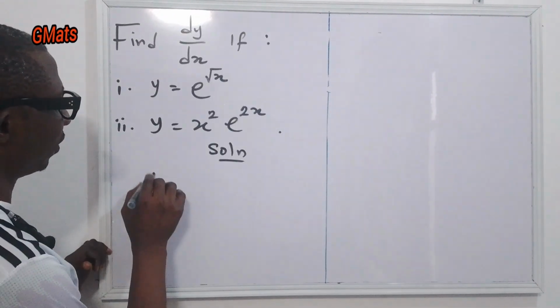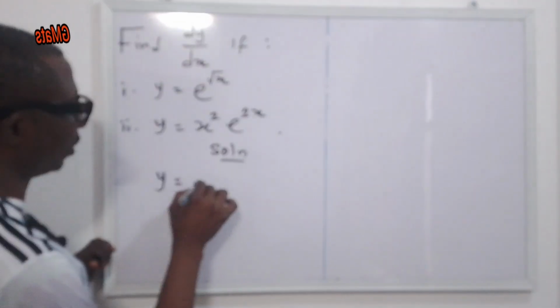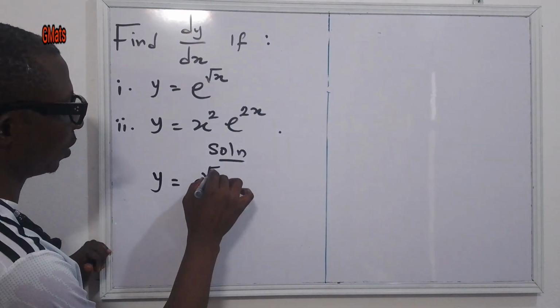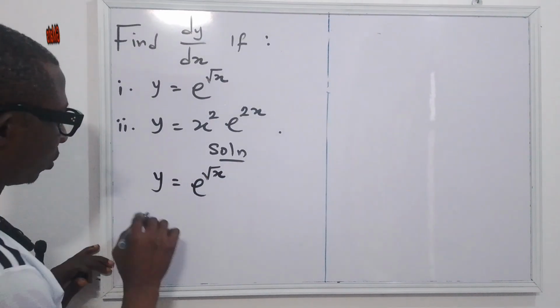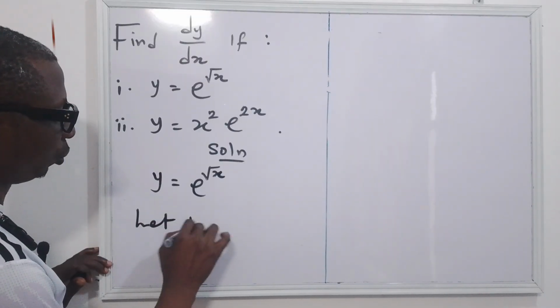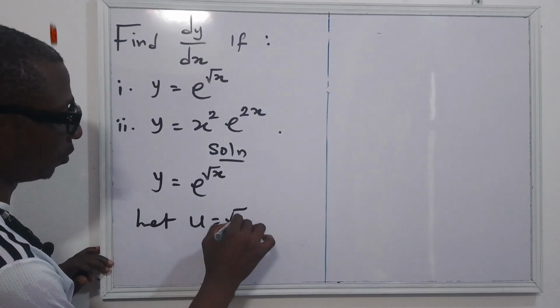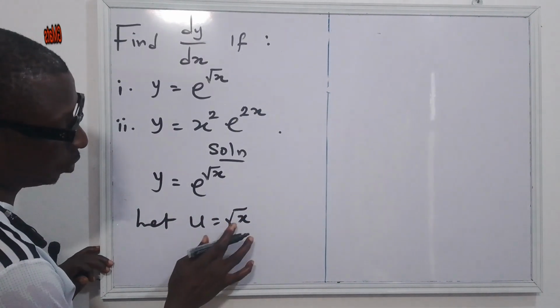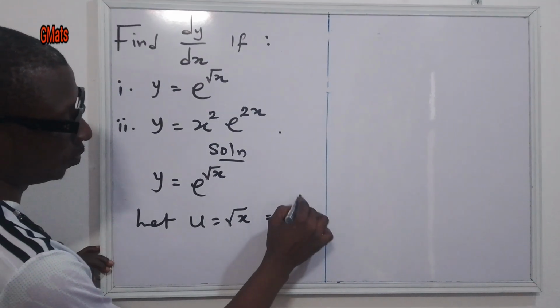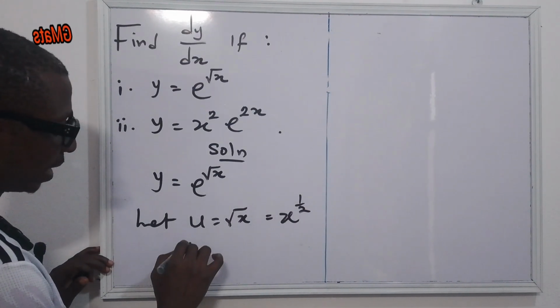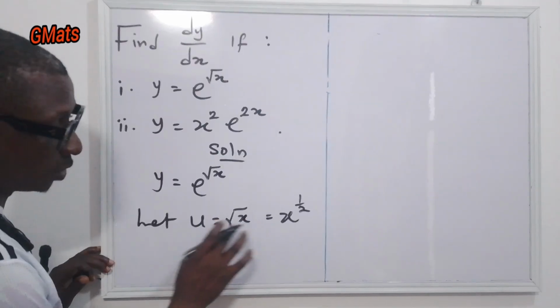So we have e raised to the power of square root of x. So let u be equal to square root of x. Don't forget, square root of x is the same thing as x raised to 1 over 2. Now let's find the derivative of u with respect to x.